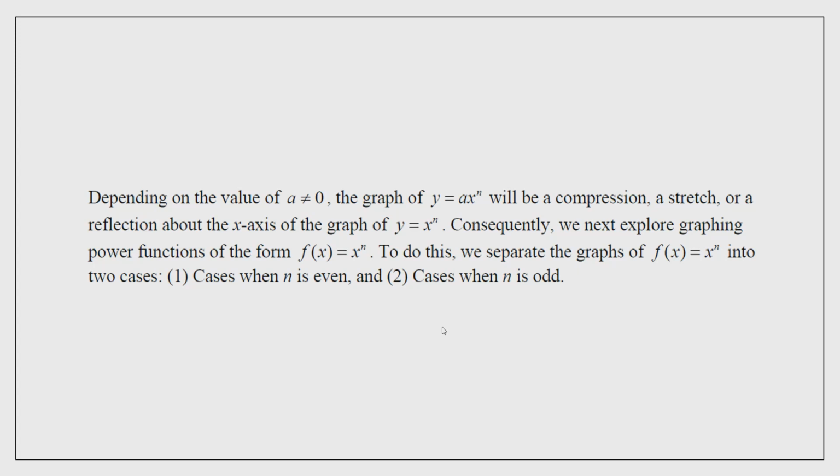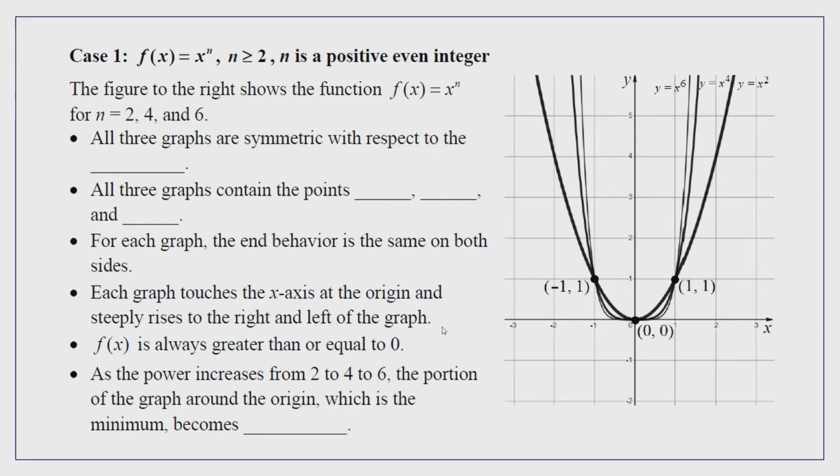So let's look at power functions where n is a positive even integer. The figure to the right shows the function f of x equals x to the power n, where n is 2, 4, and 6. So that gets us x squared, x to the 4th, and x to the 6th power.